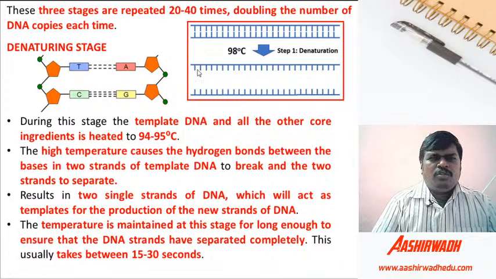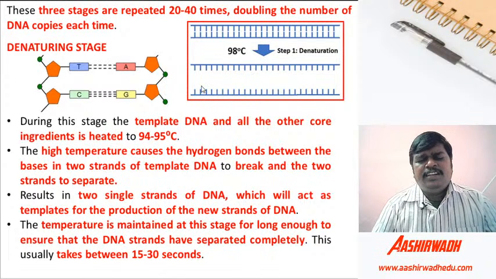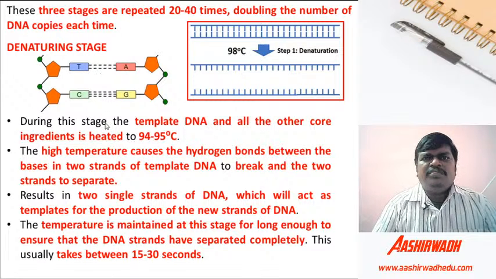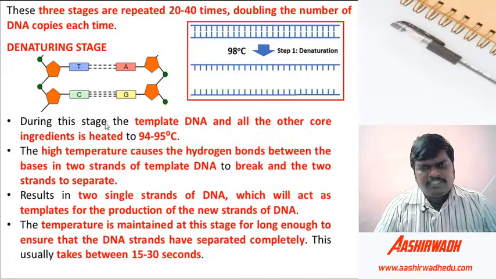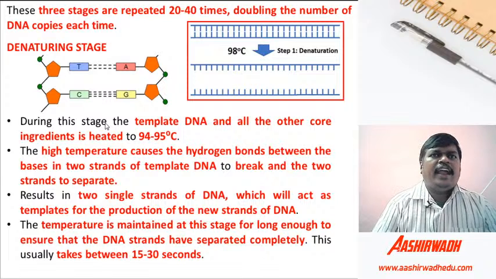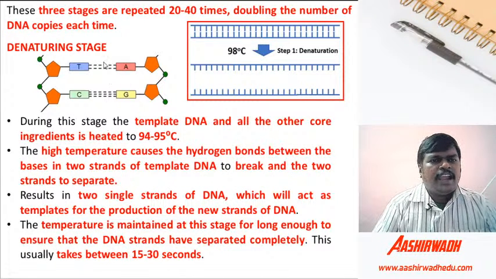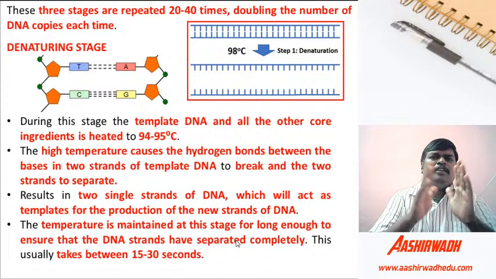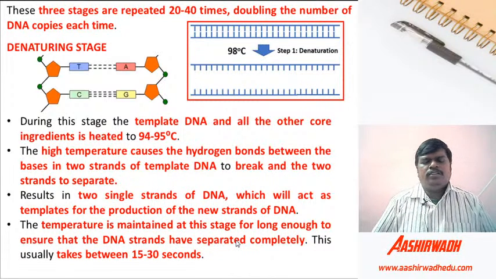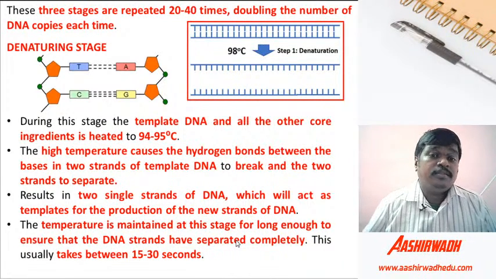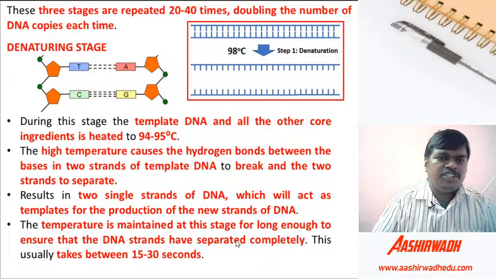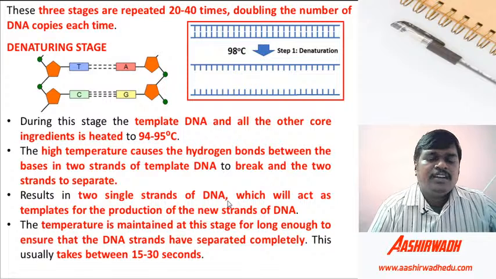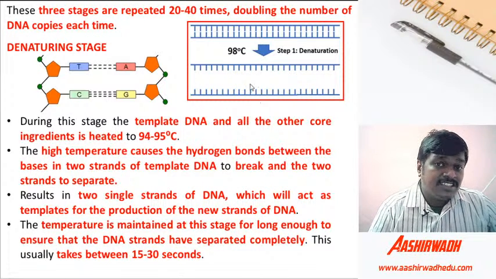When you keep this DNA in high temperature, what will happen? It results in breaking of the hydrogen bonds. The hydrogen bonds present between the nitrogenous bases are broken at high temperature. Because of that, the double strand becomes 2 single strands of DNA.